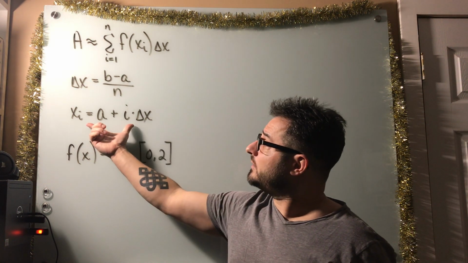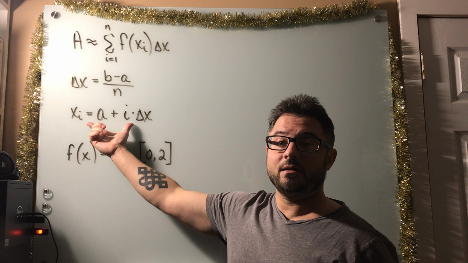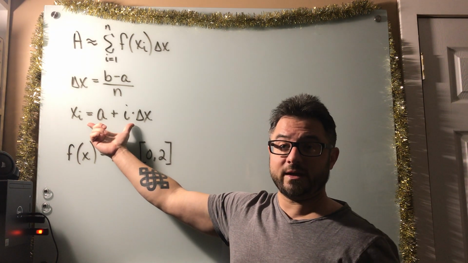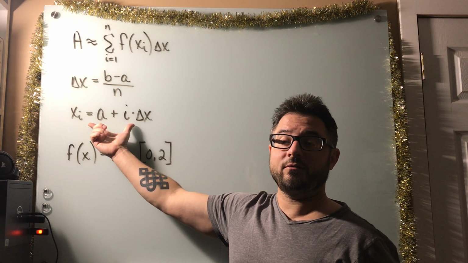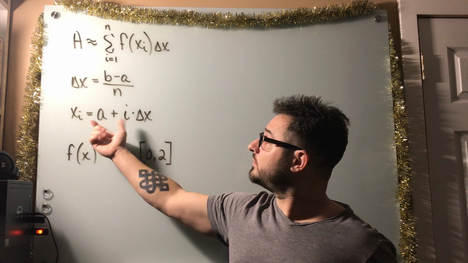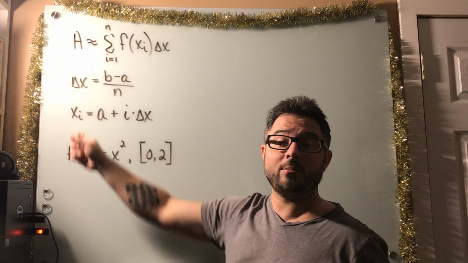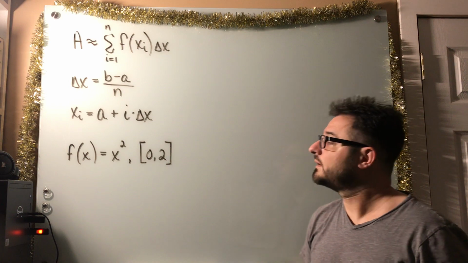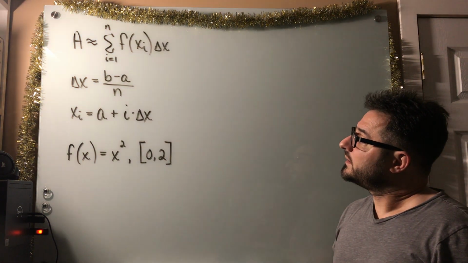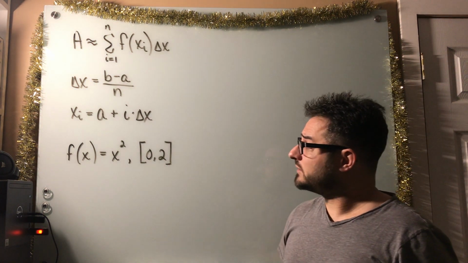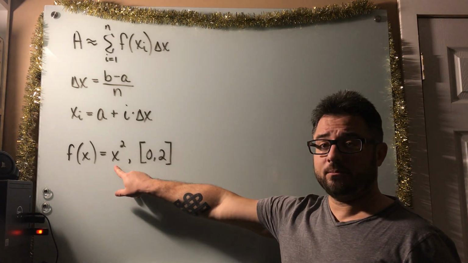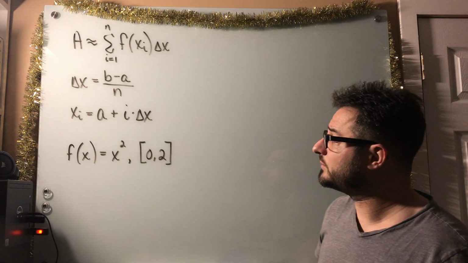This formula then will help us identify the x-coordinate, that is the right endpoint of whichever subinterval, ith subinterval, that we happen to be on at the moment. Now, the function that we used initially was f of x equals x squared on the interval from 0 to 2.